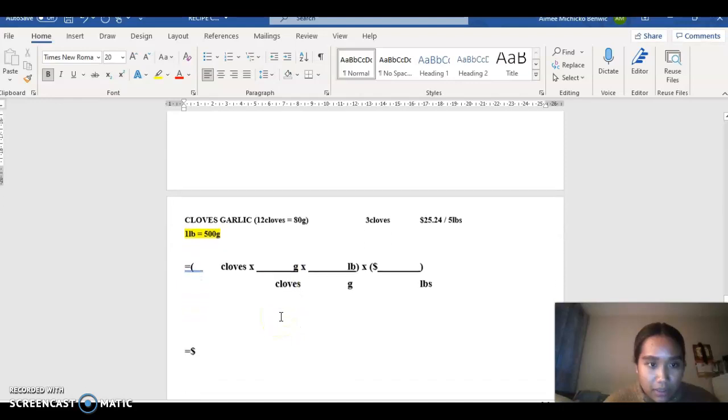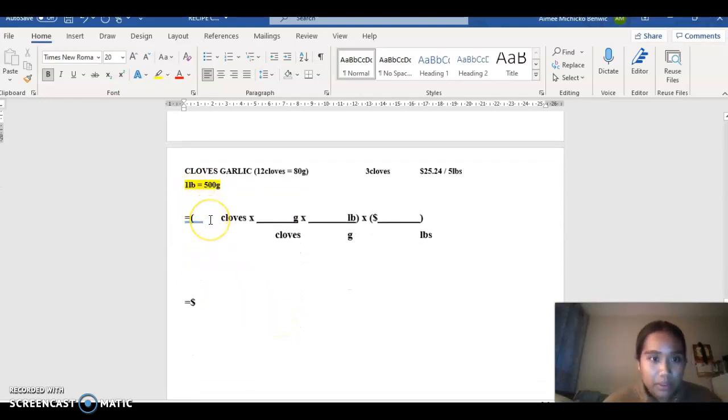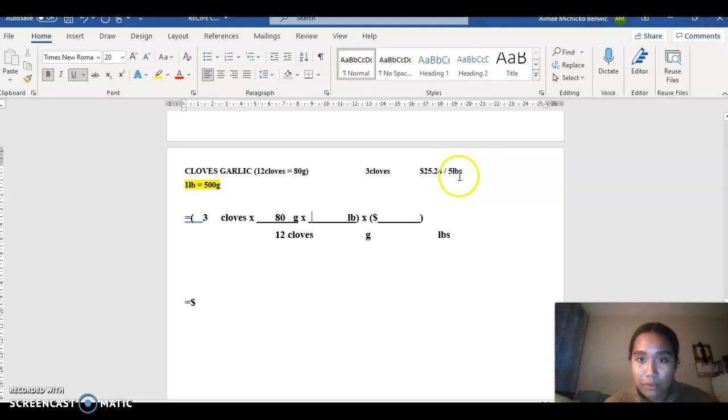So for the next ingredient, we have garlic. So I have 3 cloves here. So in 1 gram, sorry, there's 80 grams. We're using the weight equivalency here. There's 12 cloves in 80 grams, so we have to convert. We need to go through pounds. So in 1 pound, there's 500 grams.